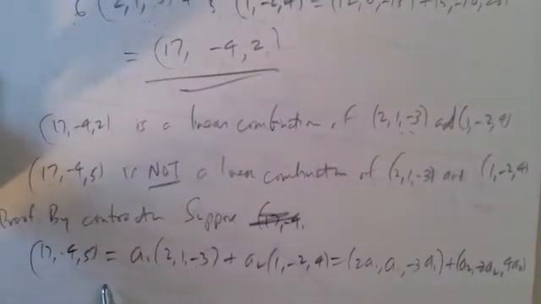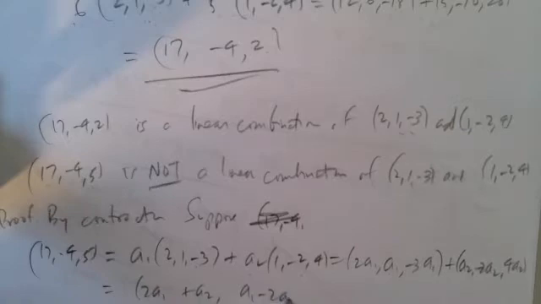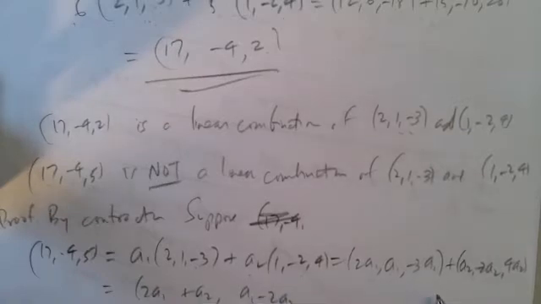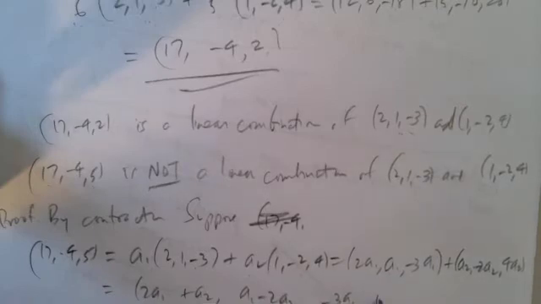And when I add these up, I get 2A1 plus A2, A1 minus 2A2, and minus 3A1 plus 4A2.